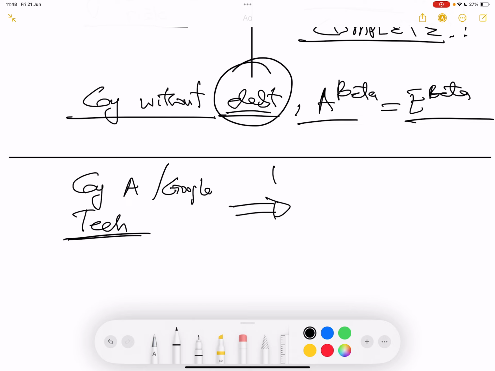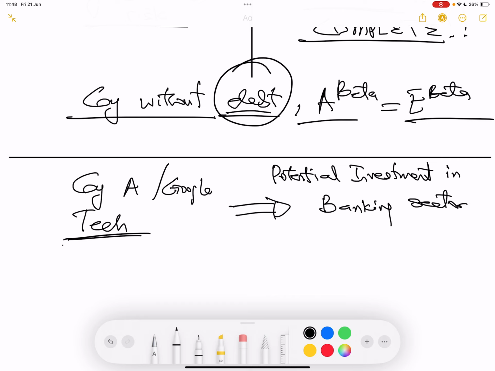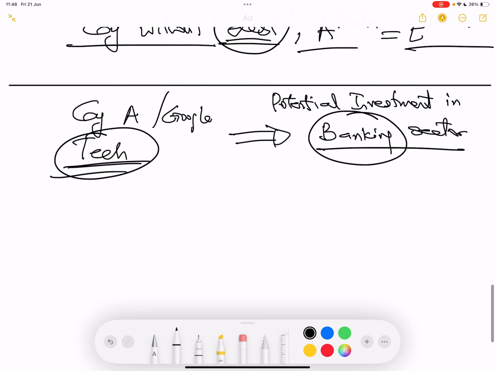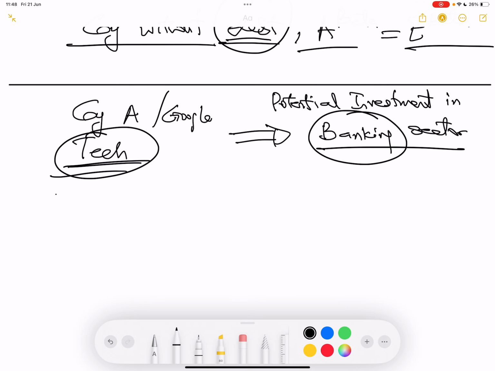This company has identified a potential investment in the banking sector. These are two different sectors, banking and tech. So the business risk here is different from the business risk here. The business risk here is banking risk, whereas the business risk here is tech risk.